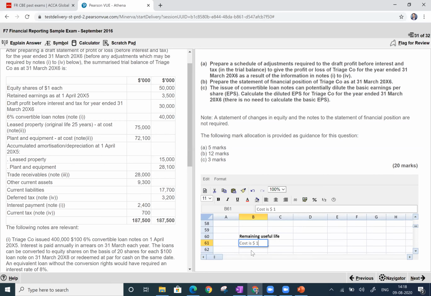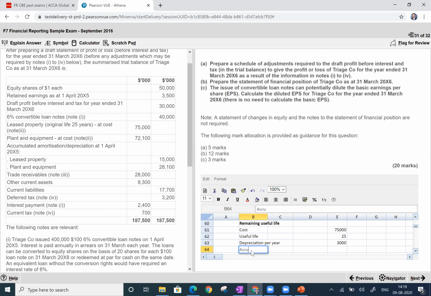Cost is $75,000, useful life is 25 years. So depreciation per year equals 75,000 divided by 25, which is 3,000 per year.